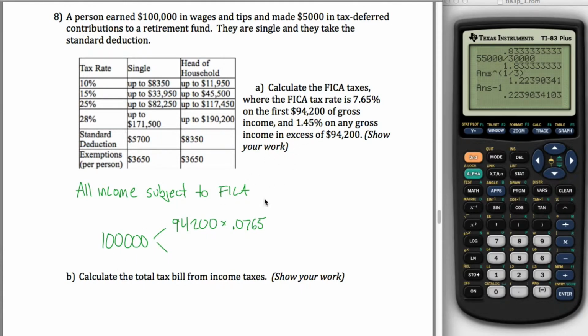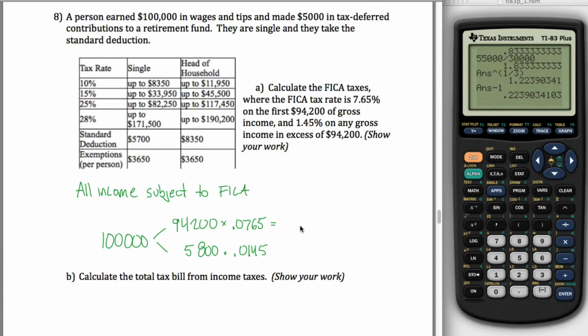If you do $100,000 minus $94,200, you get $5,800. This is the income in excess of this limit. This gets taxed too, just not as bad. Instead of at 7.65%, it only gets taxed at 1.45%. So you get 0.0145. This is the amount of tax you'll pay on the first $94,000. This is the amount of tax you'll pay on the remaining $5,800.